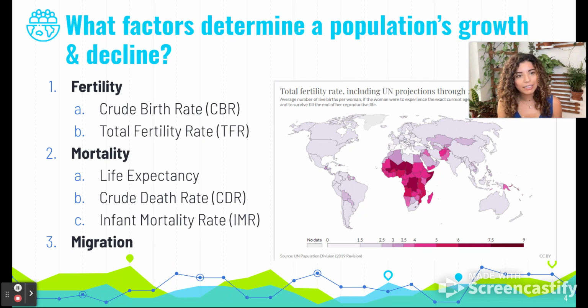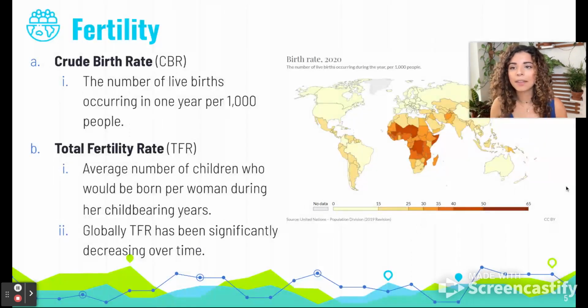Also mortality, which includes life expectancy, crude death rate or CDR, and infant mortality rate, which is IMR. There's also child mortality rate, and then also migration. So these are three important factors that help to determine a population's growth as well as its decline.